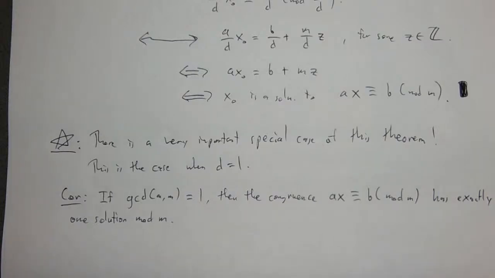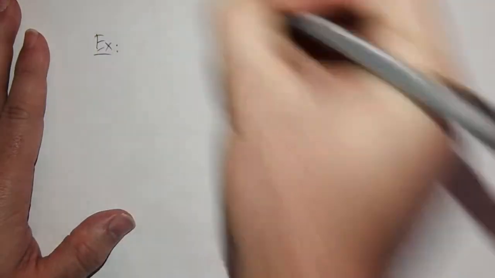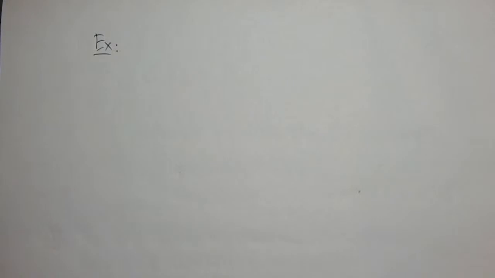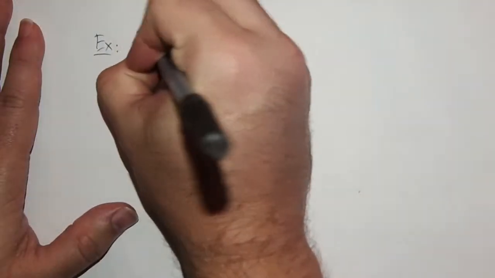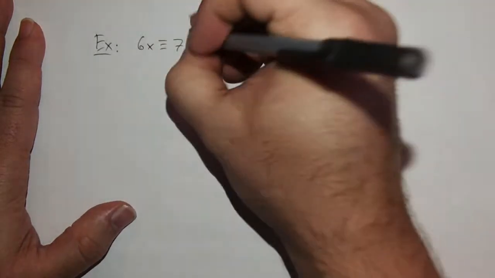Okay, I'm going to list a couple of quick examples, and then we're going to go over how we can actually solve one of these in particular. So here's a list of some examples. Let's look at 6x is congruent to 7 mod 15.